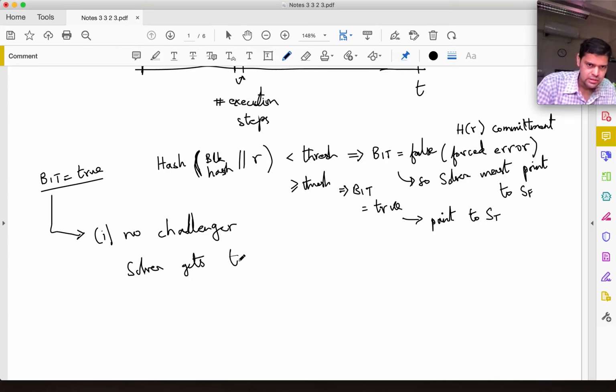The solver gets, let's say, the transaction fee.